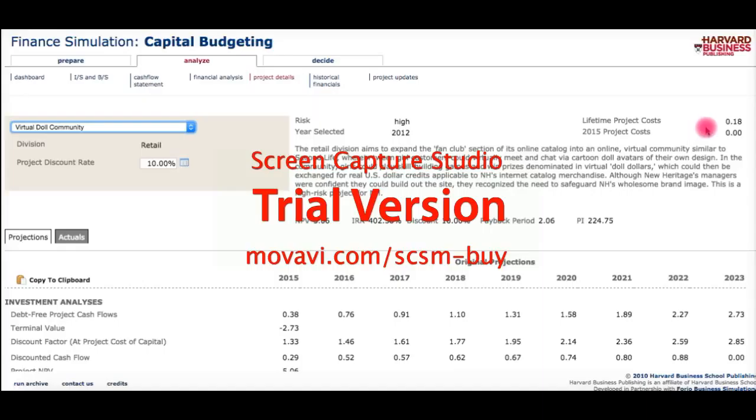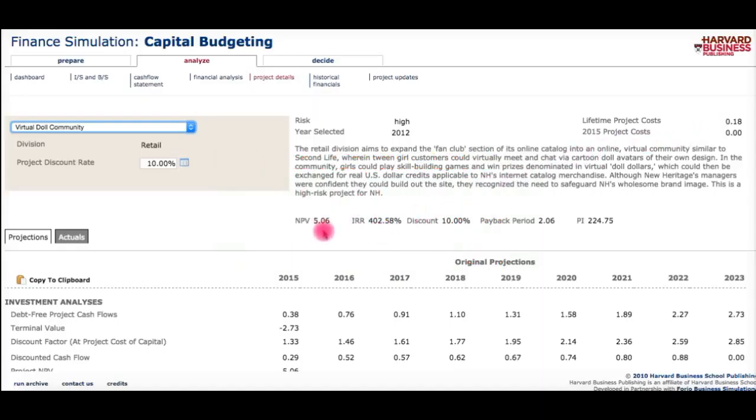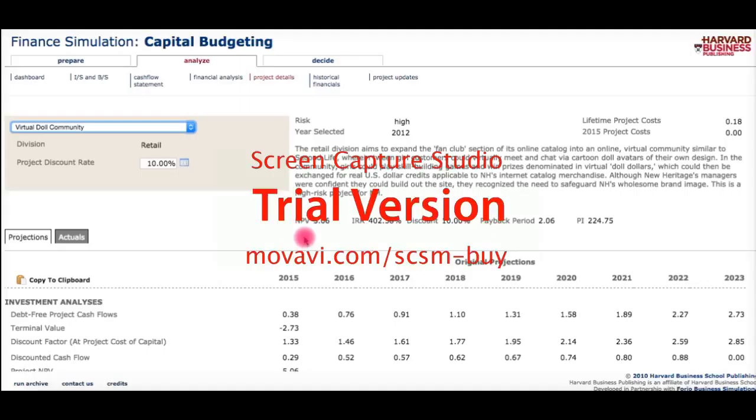So this one, you would spend $0.18 million for an NPV of $5 million. That would be pretty good, and you would want to look at that instead of just saying, oh, this doesn't have a very high NPV, it's only 5. You would want to say, well, I didn't even spend $1 million, so that's a pretty big return.